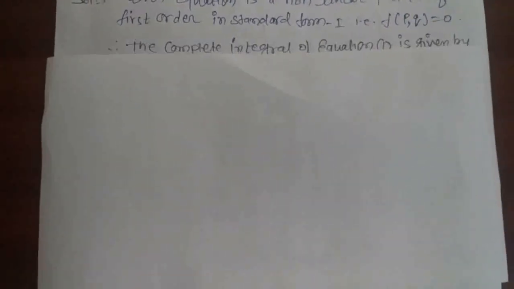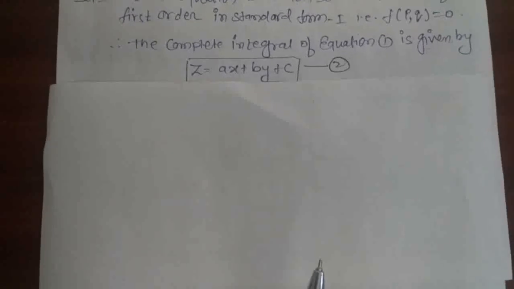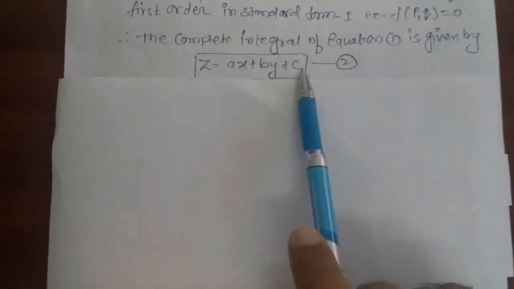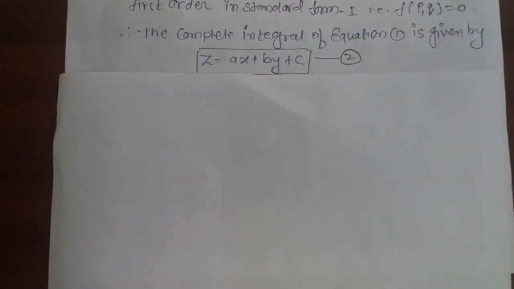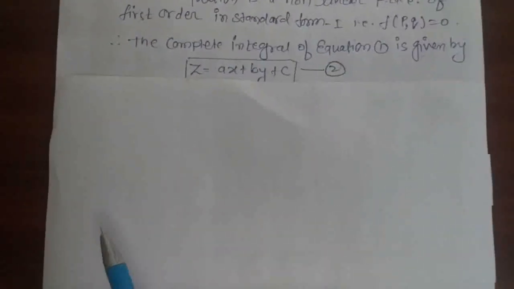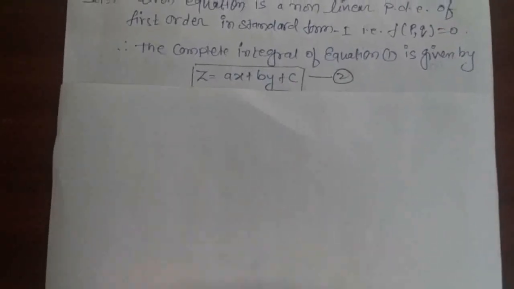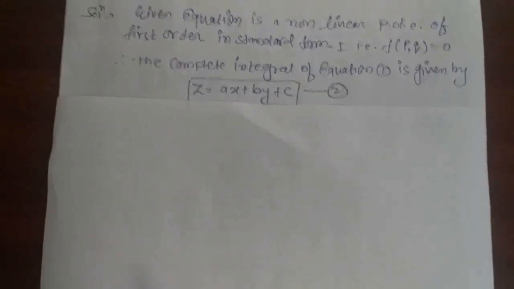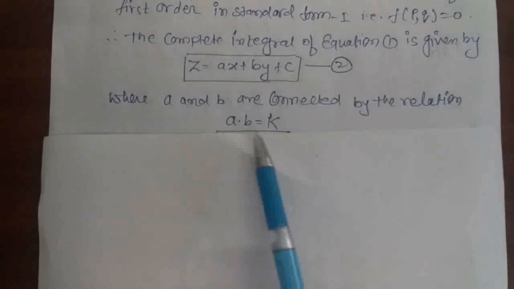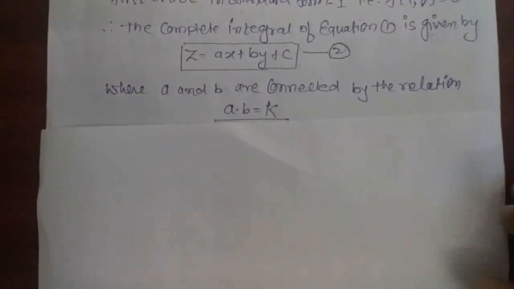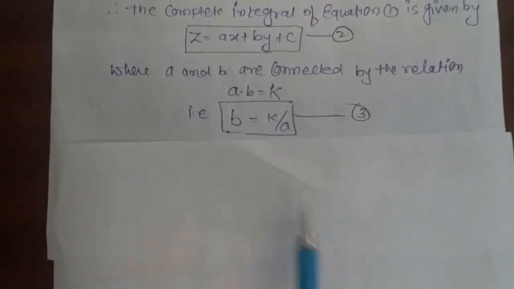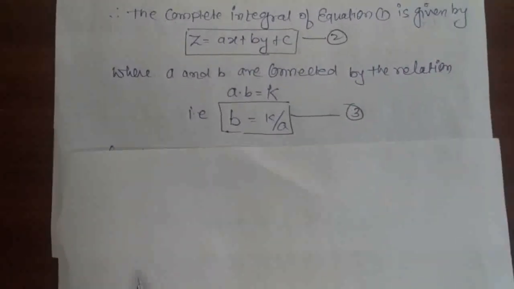So the complete integral of standard form first is given by, as we know, z equal to ax plus by plus c, where a, b and c are arbitrary constants and a and b are connected by a relation, and that relation can be obtained by putting p equal to a and q equal to b in the given equation. So the relation between a and b is a into b equal to k, a constant, and from this relation we get b in terms of a as b equal to k by a.